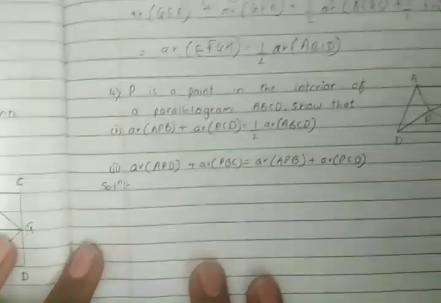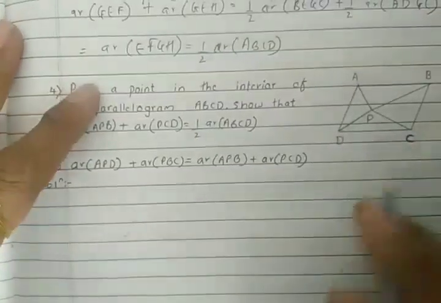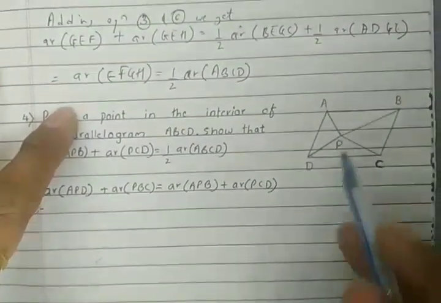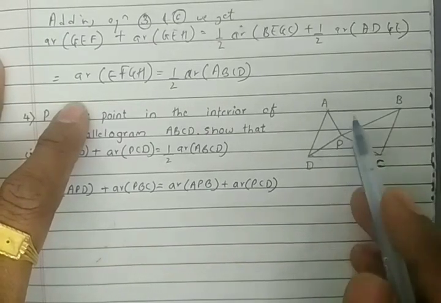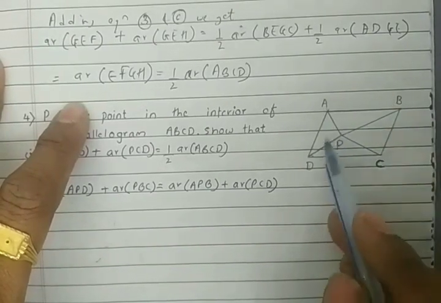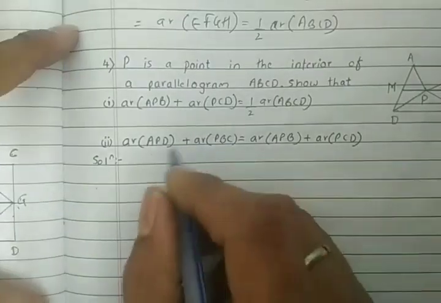How will we start? First, we will construct, passing through this point, a line parallel to AB. So we will draw a line parallel. Now we will write that down.